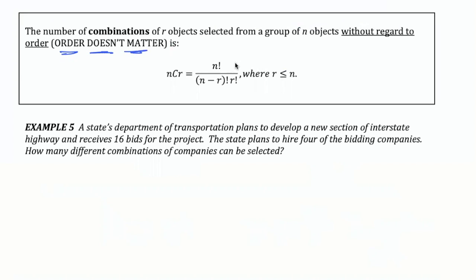Now this looks very much like the nPr formula, which if you recall was n factorial over n minus r factorial. The only difference between the two is the addition of this r factorial on the bottom. And again, because it's dividing the numerator, it's reducing the number of possible ways that this can occur.